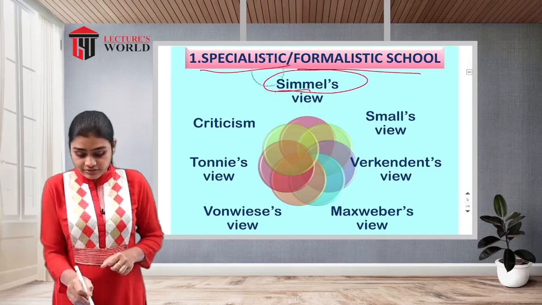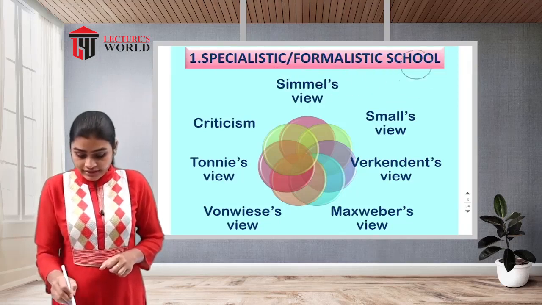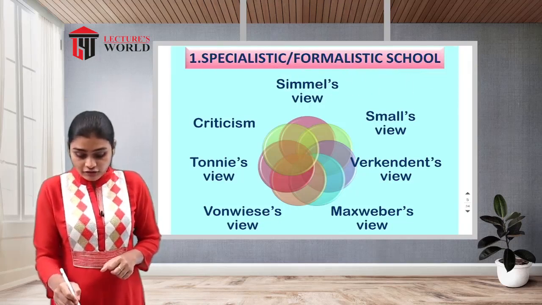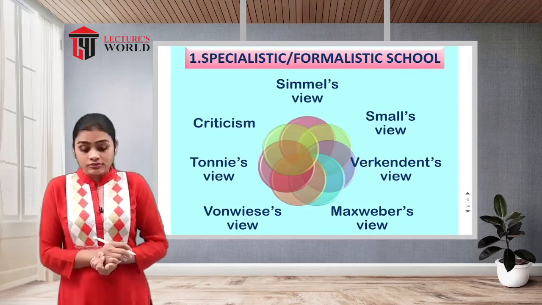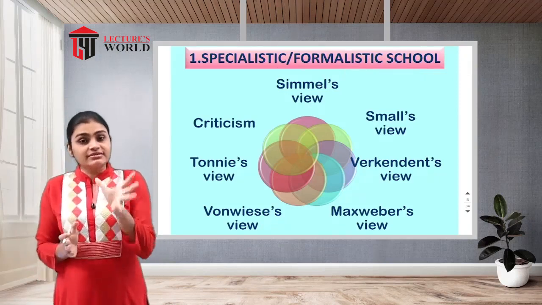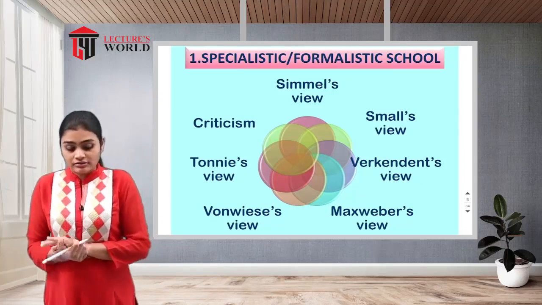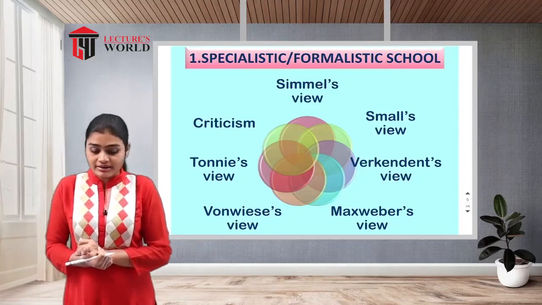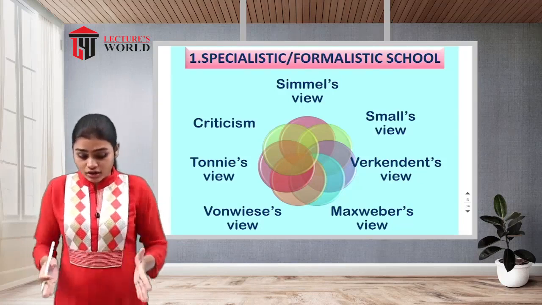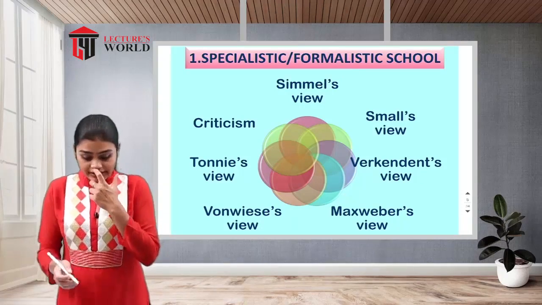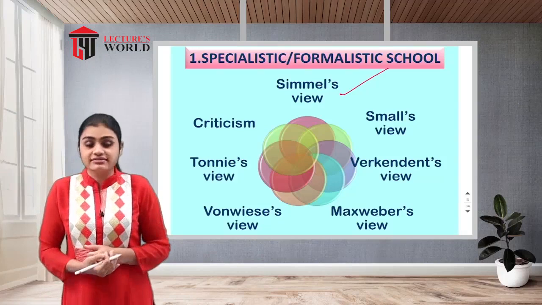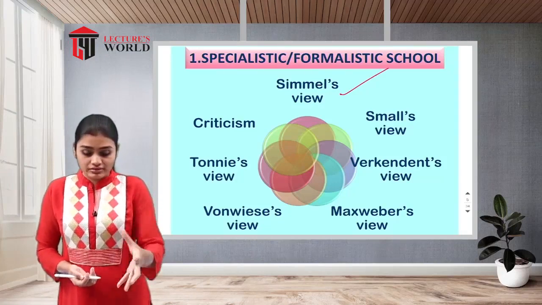So the very first one we have is the specialistic or formalistic school. As we have discussed, specialistic means the specific things we are going to learn about this society. According to this school, what have the sociologists said? The first one we have is Simmel's view.